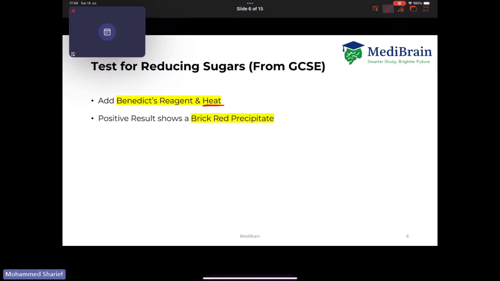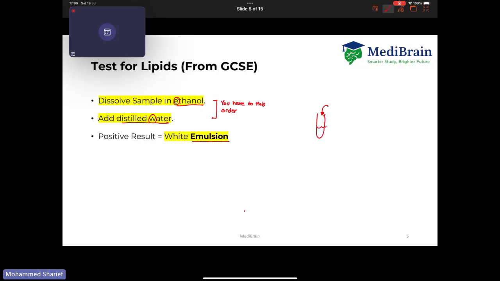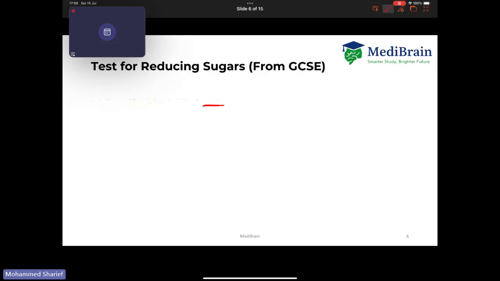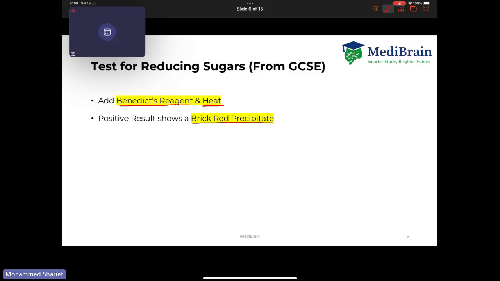Now this part people forget. Normally this question is worth 3 marks. So if you go back, this question, lipids, is normally worth 3 marks. And this question is also worth 3 marks. The reason is because it's got three key marking points: Benedict's reagent, heat, and brick red precipitate. You will always have 1 mark for the result.